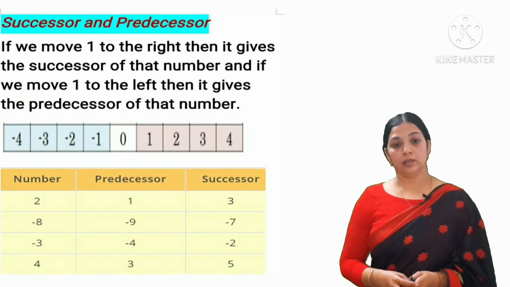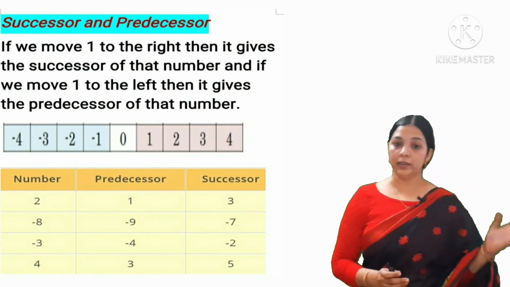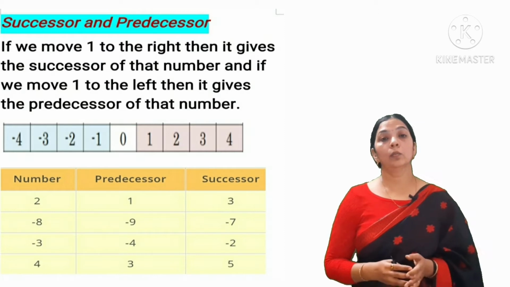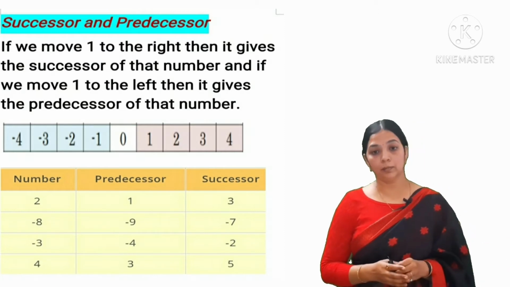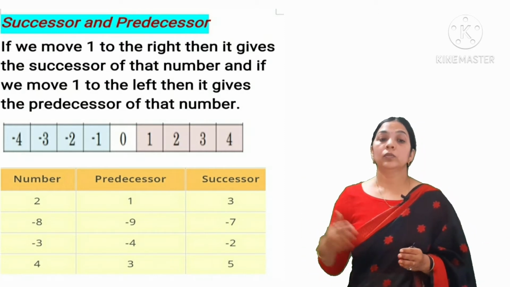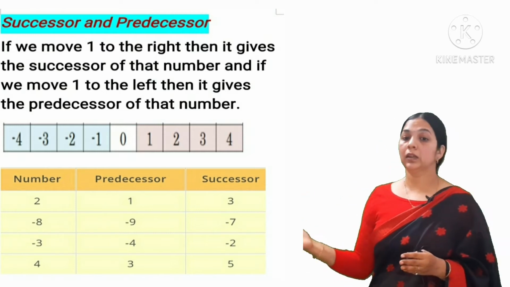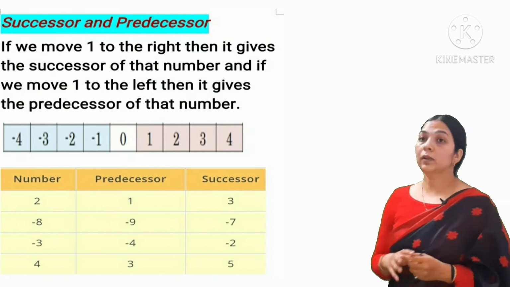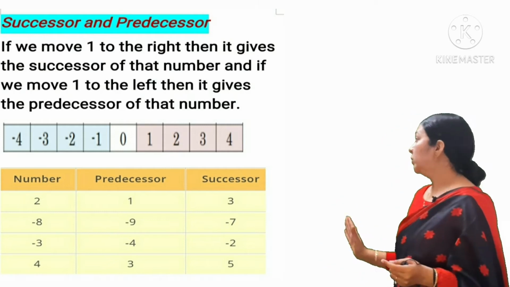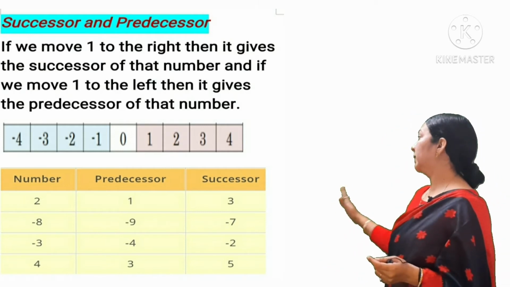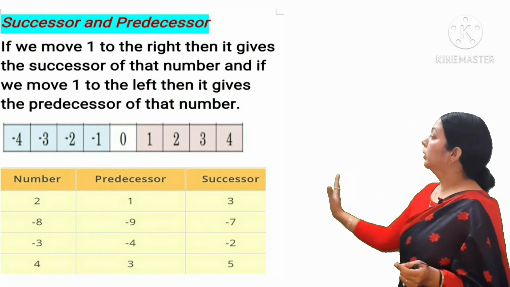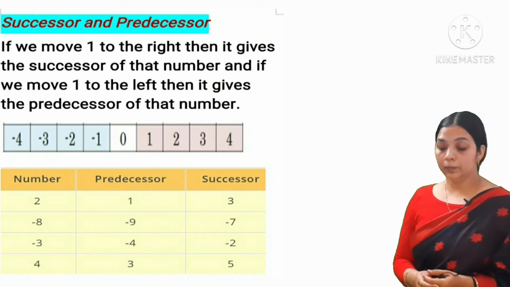Successor and predecessor. If we move right, then it gives the successor of the number, and if we move left, then it gives the predecessor. On the number line, you can see that 0 lies in between and the numbers on the right are greater than the numbers on the left side of the number line.